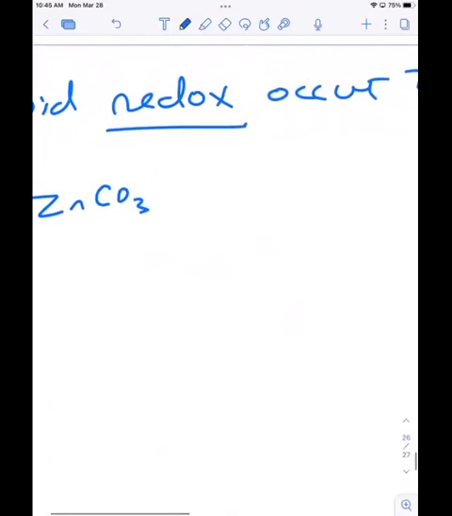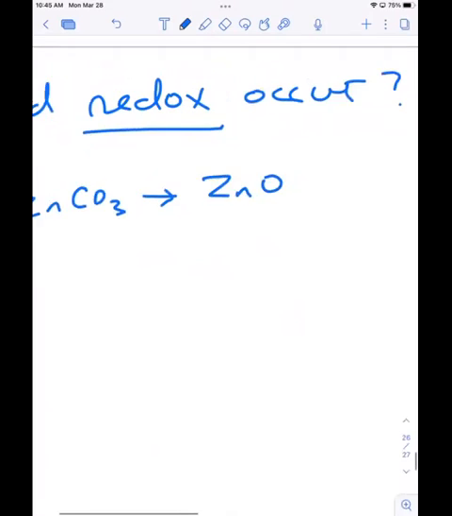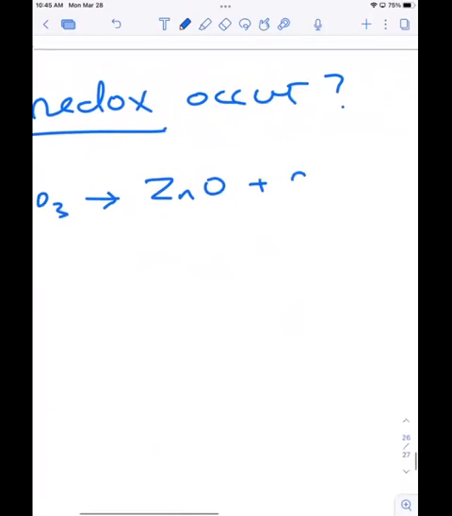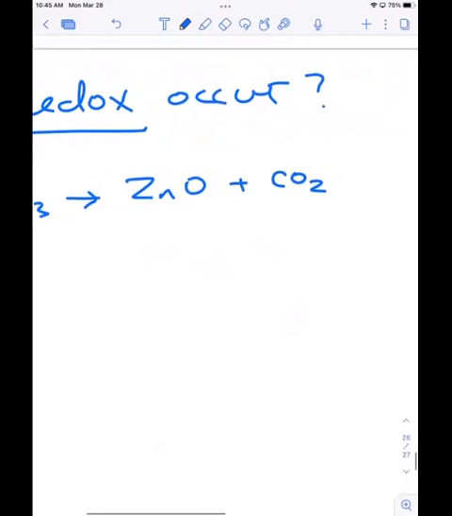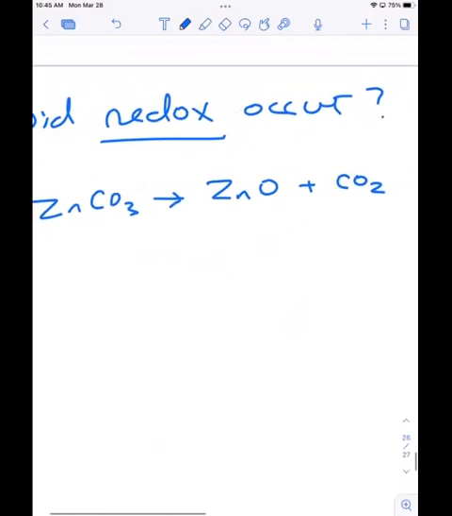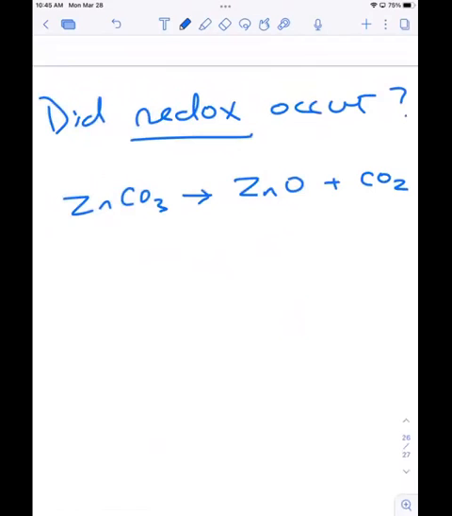So zinc carbonate goes to zinc oxide plus CO2. The question is, is this a redox reaction? All right. The way we find that out is to think about the oxidation numbers, right?